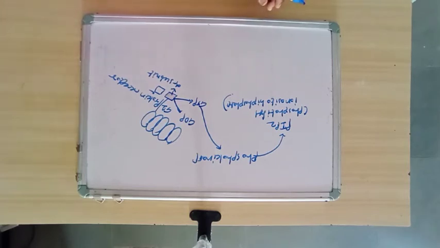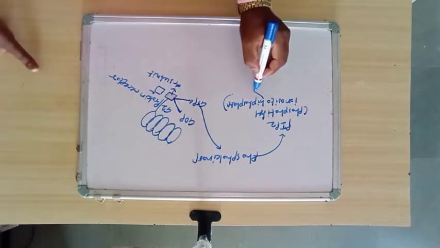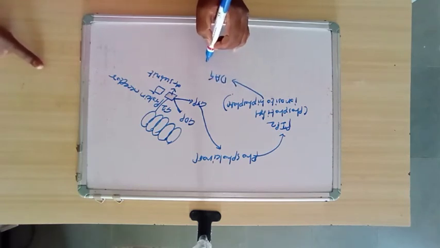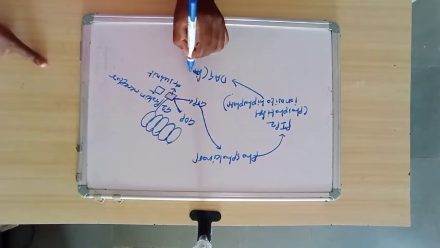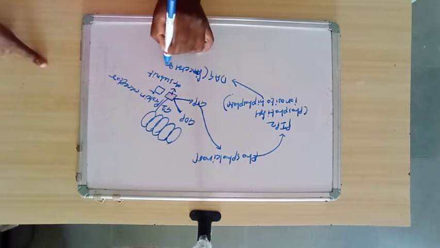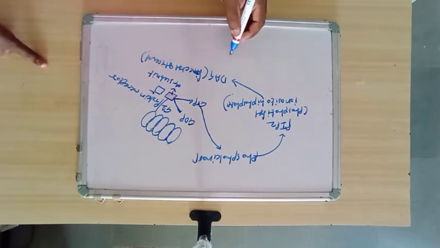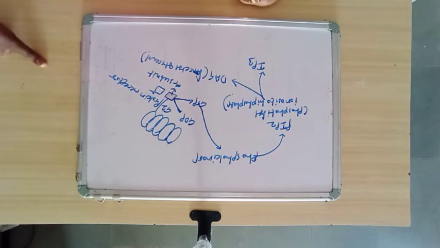This PIP2 dissociates to give DAG, that is diacetyl glycerol, and it gives IP3, that is inositol triphosphate.